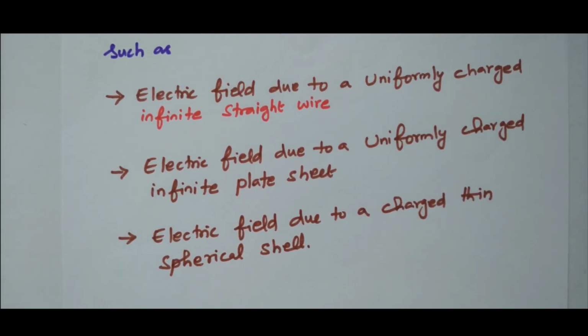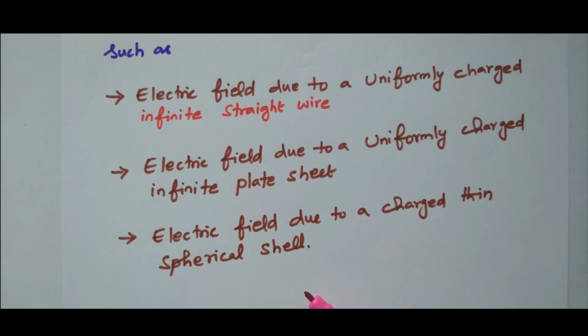We can find the variation of the electric field intensity of various objects. So the main application of Gauss law is finding the variation of electric field inside as well as outside of the object, either straight wire or plate or shell.